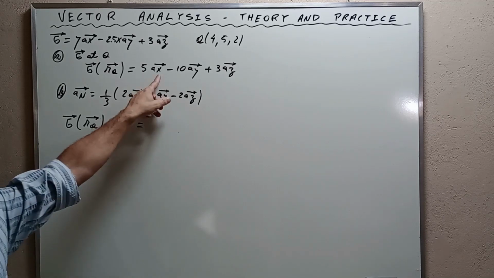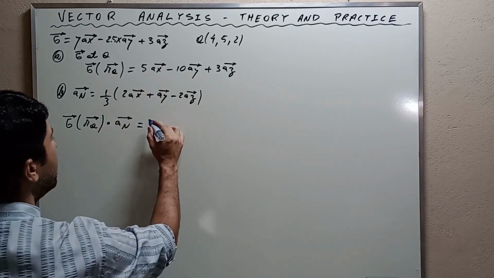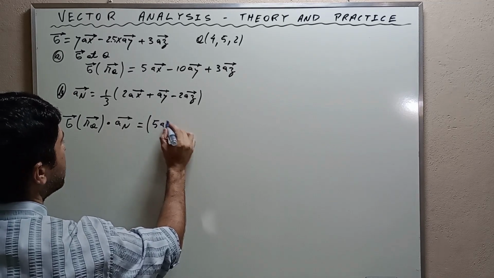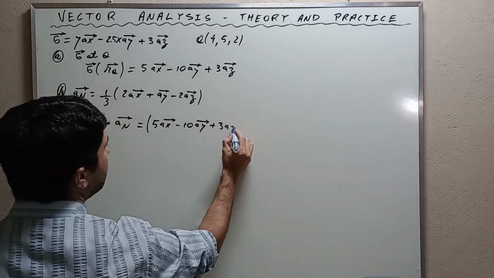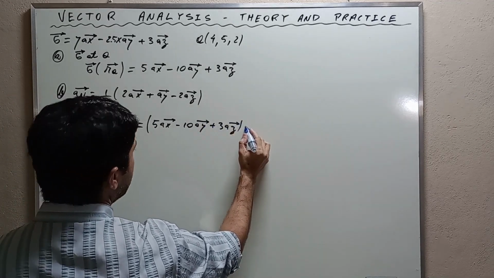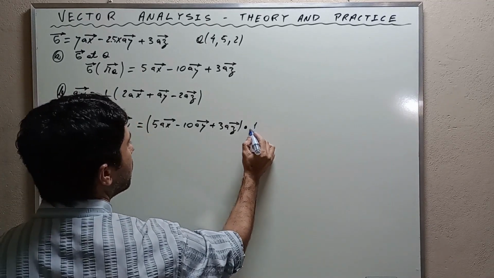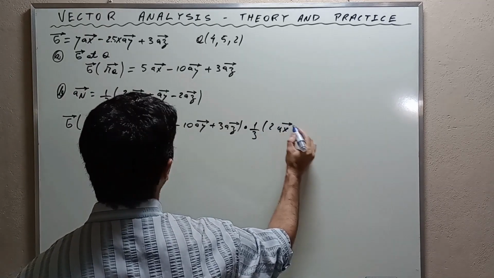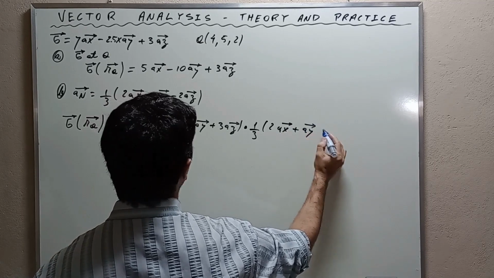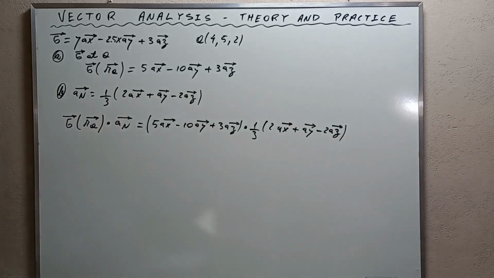We need to consider the directions, and to do this we are going to use the dot product. It's going to be 5ax minus 10ay plus 3az in a dot product with 1/3 of 2ax plus ay minus 2az.